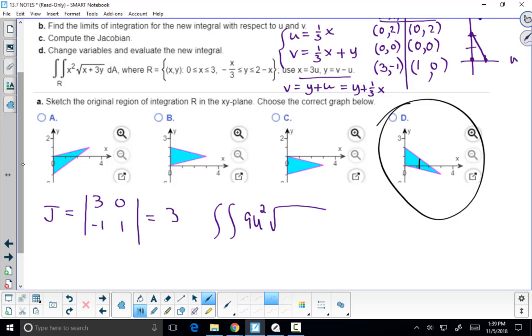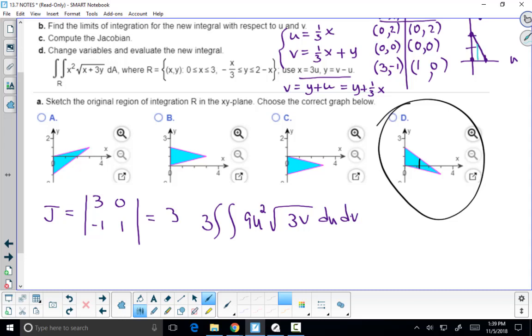So we're going to have x plus 3y. 3y is 3v minus 3u, so the u's cancel and we just get 3v in there. And then the Jacobian, times 3, which we could put out front. That's totally fine. And then du dv, because it makes probably the most sense to use a vertical element here.